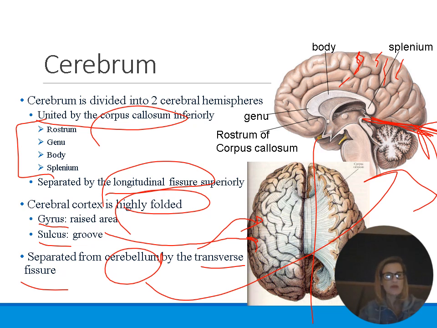So in most people, the left hemisphere is the dominant hemisphere in terms of language. Because of this, for example, lesions in the left side of the brain are usually more serious. They're usually associated with worse symptoms than right-sided lesions, because most people are dominant on the left side.